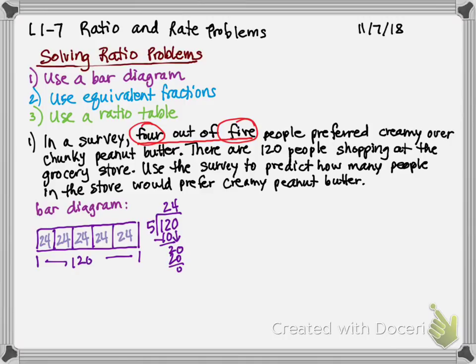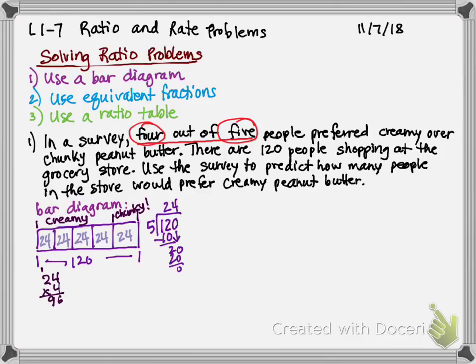But then we want to look at who prefers the creamy, and it said 4 out of 5 preferred the creamy. Okay. That means this last 5th one is for the people who like chunky peanut butter. Okay. So what I want to do is figure out what 24 times 4 is. I get 16, 8 and 1 is 9.